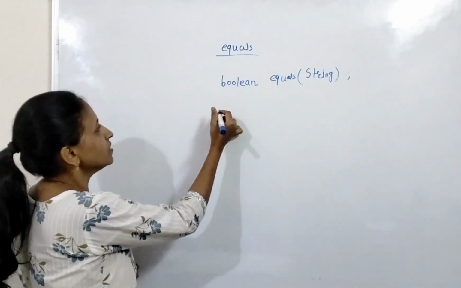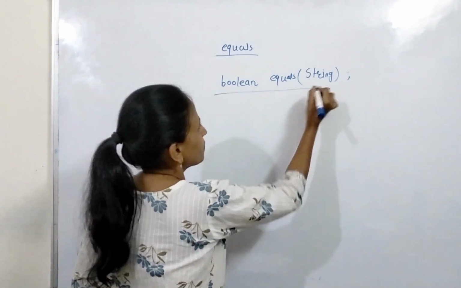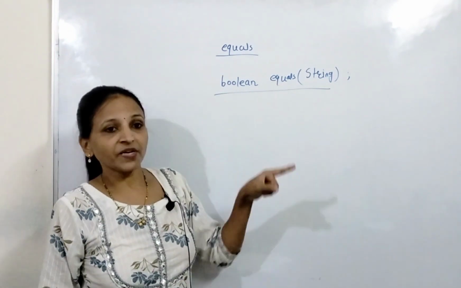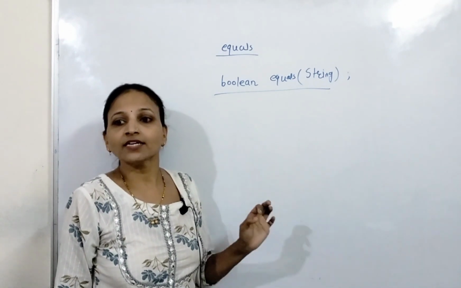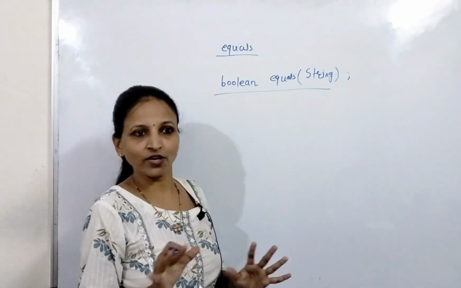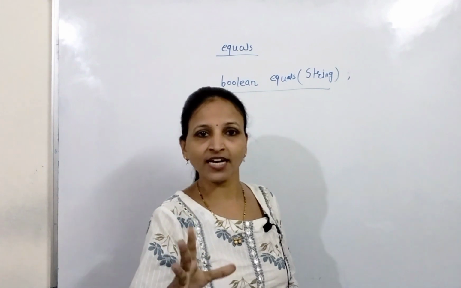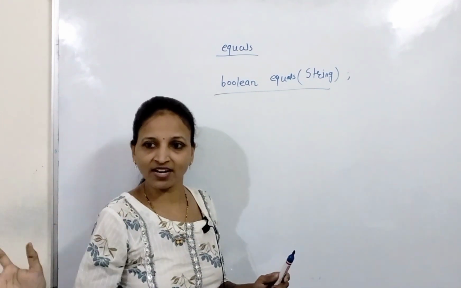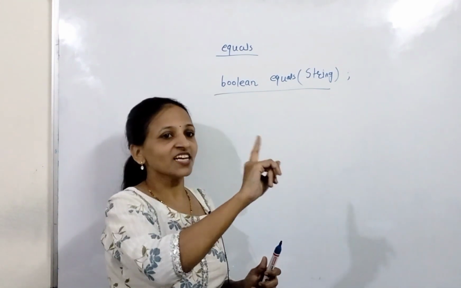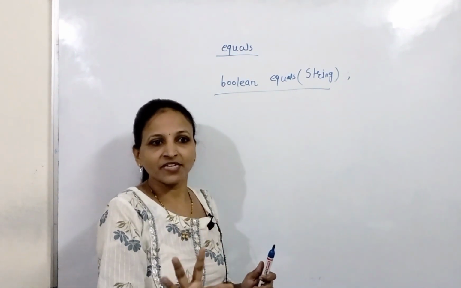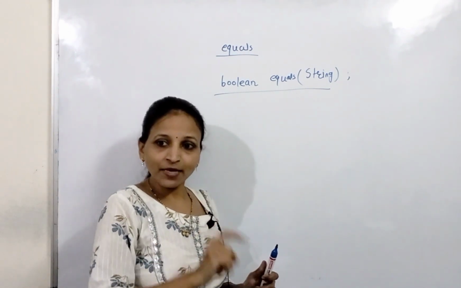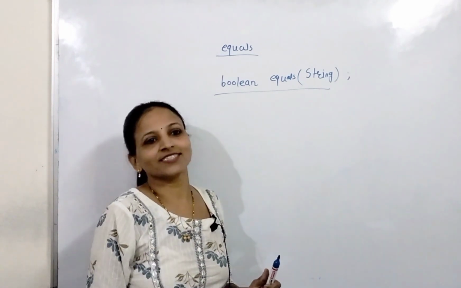This equals method is written inside the Object class. We already discussed the Object class. Object class is the base class for all classes, and the String class is derived from it. In the Object class this equals method is present, and the same method is overridden in the String class.